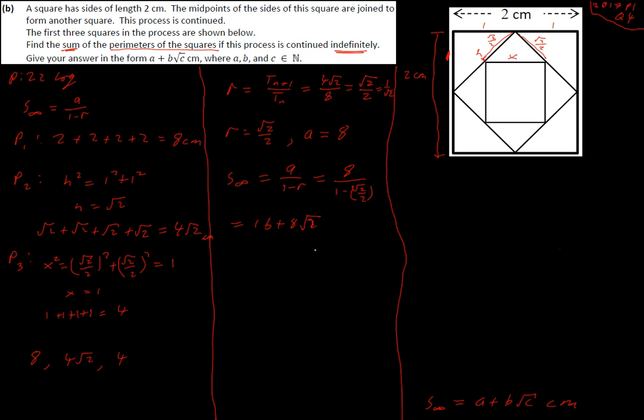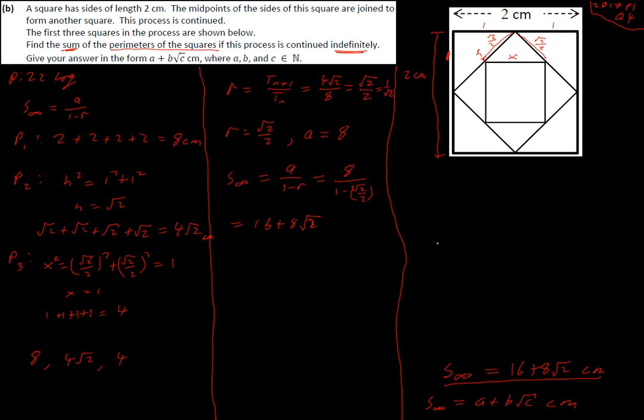So make sure that your calculator that you are working with will give you an answer like this, is set up to give you surds when it is appropriate to give you surds. So that is my final answer, and I'm going to write it down here where I have my setup. The perimeter is equal to 16 plus 8 root 2. Don't forget my centimeters because I wrote it there to remind me. That's my answer.